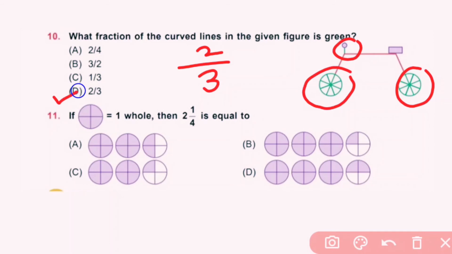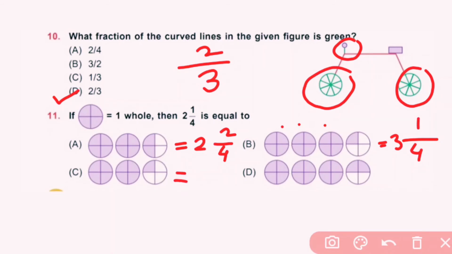Question number 11. If a full circle is equal to 1 whole, then 2 and 1 by 4 is equal to which option? Option A represents 2 full circles and out of 4 equal parts, 2 are shaded. B represents 3 full circles and out of 4 equal parts, 1 is shaded.